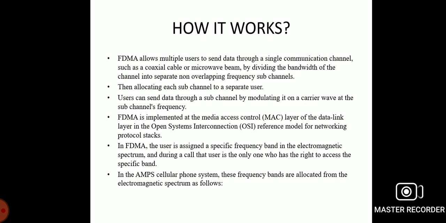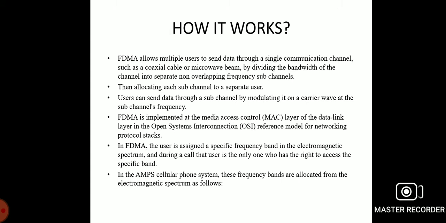Here we are going to discuss how it works. FDMA allows multiple users to send data through a single communication channel, such as a coaxial cable or microwave beam, by dividing the bandwidth of the channel into separate non-overlapping frequency subchannels, then allocating each subchannel to a separate user.